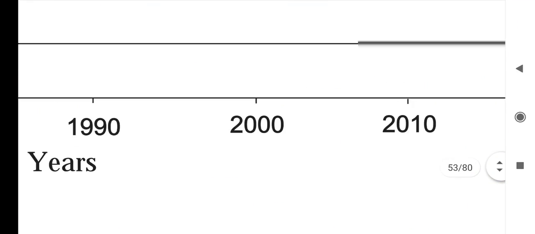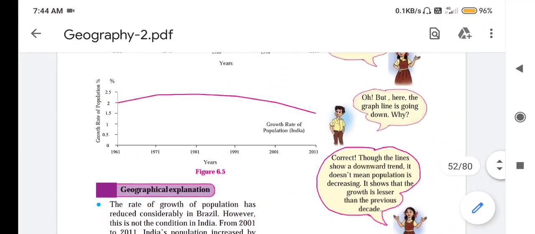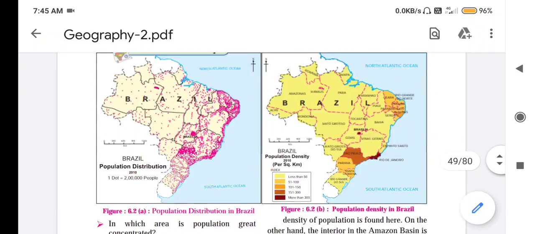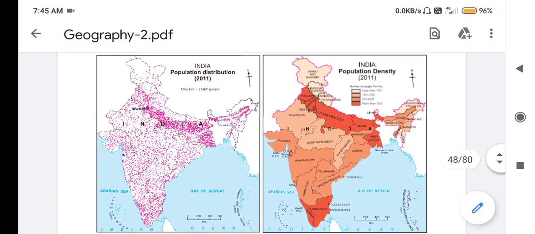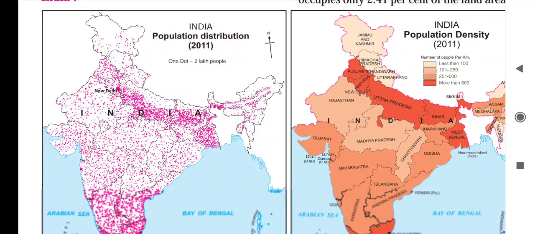So if we study this map which we have seen in our 6th chapter, India's map, that population density that I want to show you, India's map first we'll study. So see students, here the distribution of the population.